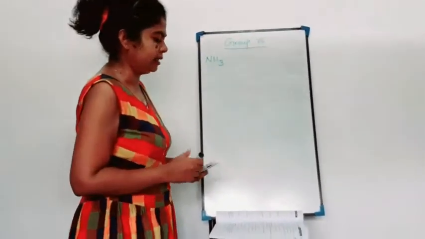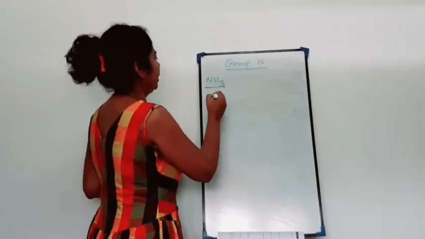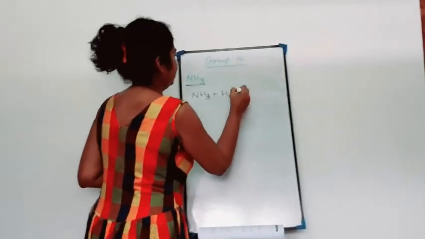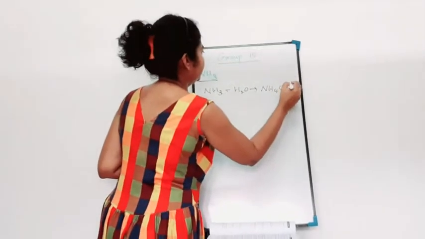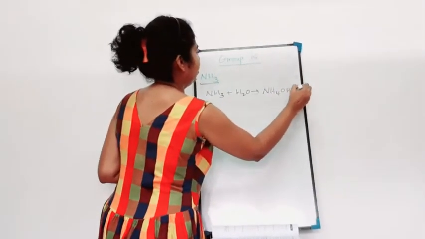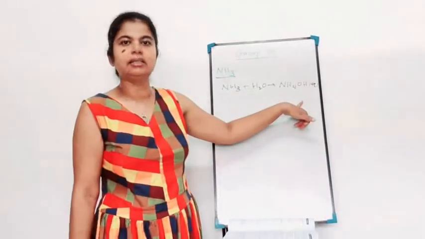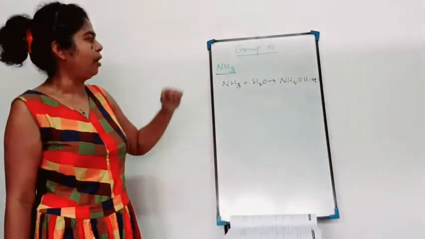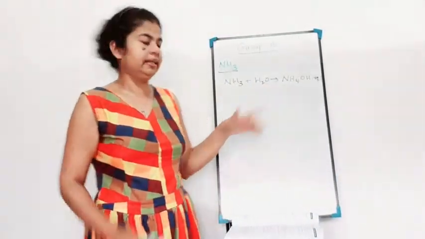Then if we take ammonia, this ammonia can react with water. What is the product? Ammonium hydroxide. Right? All of you know this ammonium hydroxide is slightly basic, right?